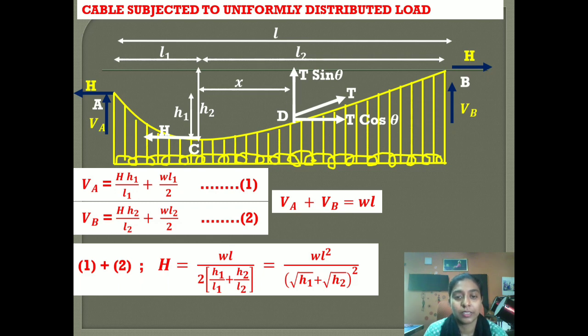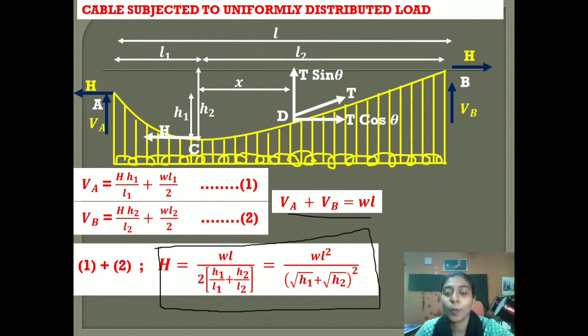Now, equation number 1 is VA, equation number 2 is VB. We know total upward load is equal to downward loads. So VA plus VB is equal to WL. So we are adding 1 and 2, and substituting VA plus VB is equal to WL, we get the horizontal thrust H is equal to WL square by root H1 plus root H2 the whole square.